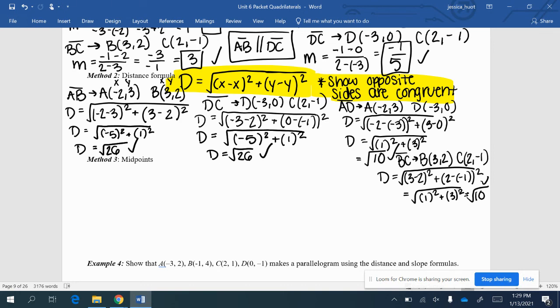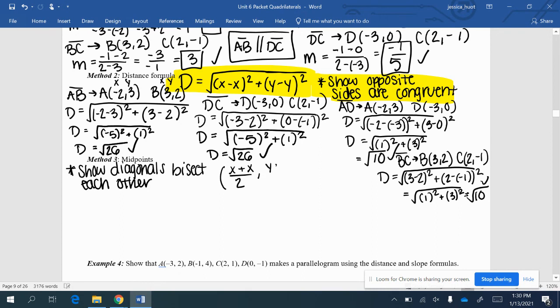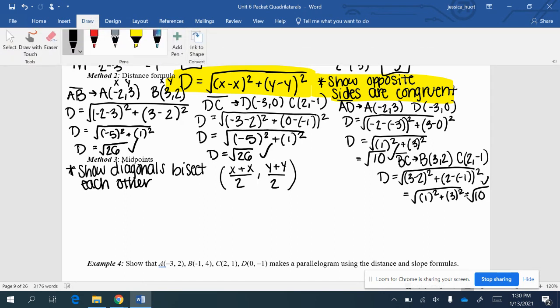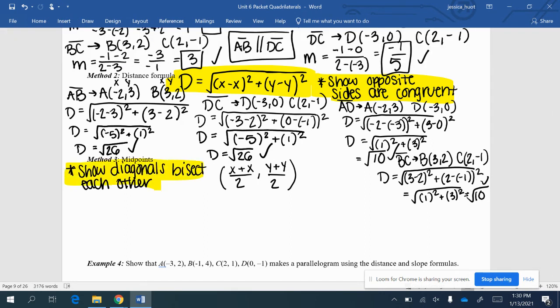So now for midpoints, I have to show that diagonals bisect each other. Okay, and then remember with the midpoint formula, it's x plus x divided by 2, y plus y divided by 2. So here is our important information.